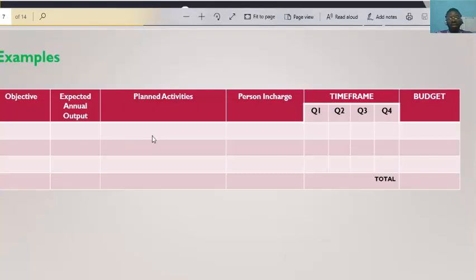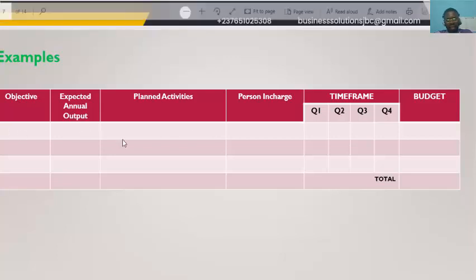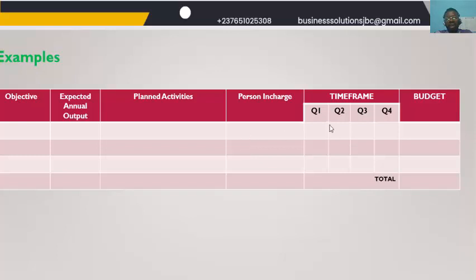You list the tasks that you're supposed to carry out in order to meet this particular objective. After that, you should have discussed with your team and assigned whoever is in charge of this objective, the activity here.